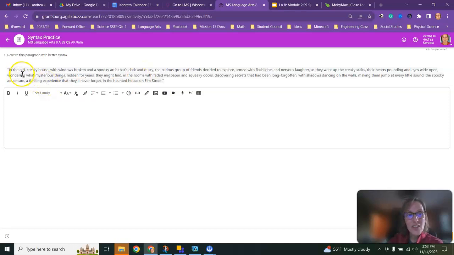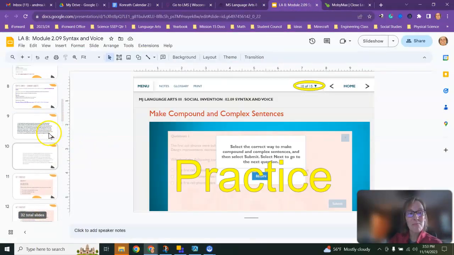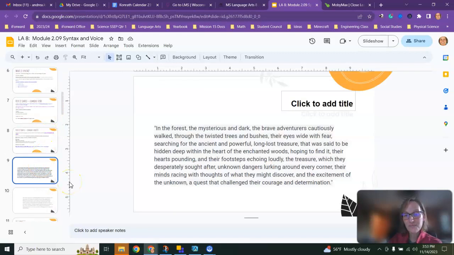Listen to it. In the old creaky house with windows broken and a spooky attic that's dark and dusty. Oh my gosh, that's a mouthful. And notice, I don't even see any periods in there. You're going to break it up, just like I broke up my example here. If you need to go back and reread it or re-listen to me saying it, feel free to do so.